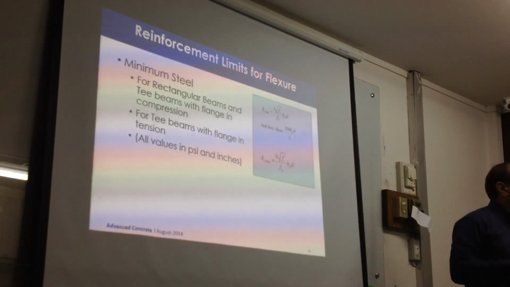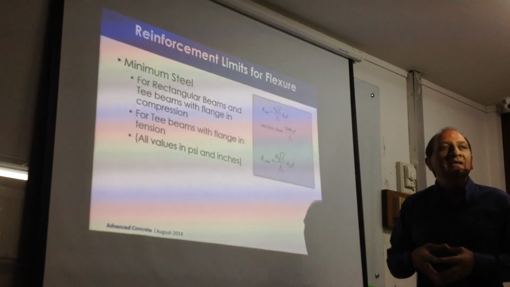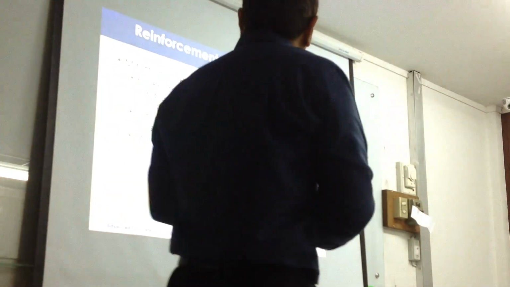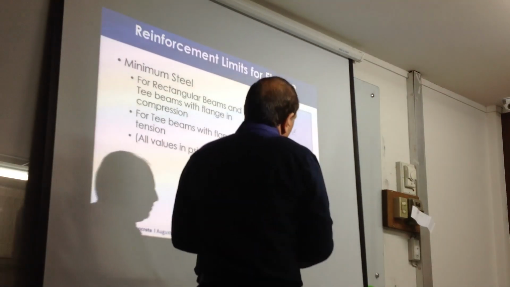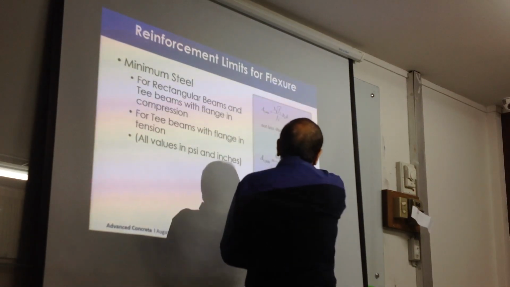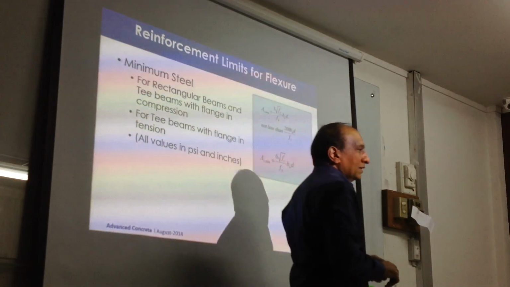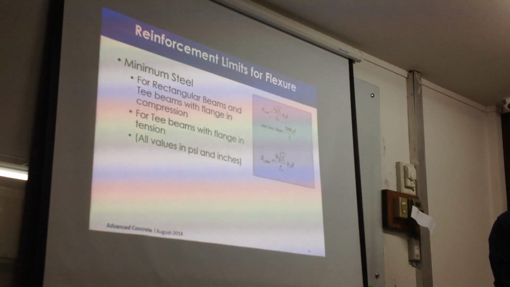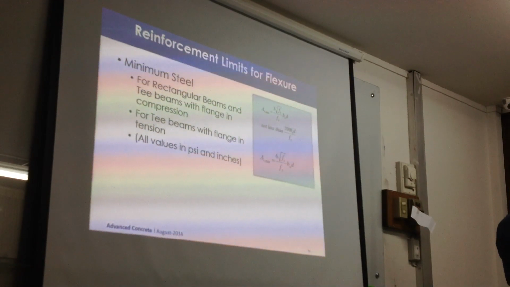So they have these limits so that the minimum reinforcement in the beam relates to the cracking capacity of the concrete. Wherever you see a square root sign with Fc prime under it, be sure this is related to tension capacity, because that is the tension capacity equation.